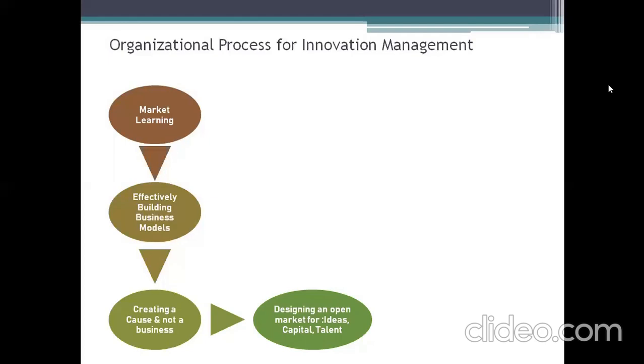For that, we need openness towards adopting different ideas, which can come from anywhere: your sweeper, your foreman, your marketers, your managers, your stakeholders, your suppliers, your customers. Anyone can give you an idea, and that can be commercialized and worked upon, and accordingly innovation can happen.